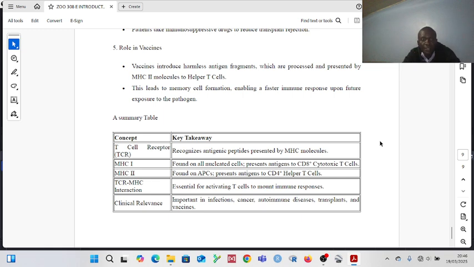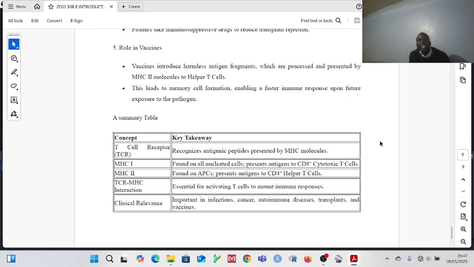So in summary, T cell receptors recognize antigenic peptides that are presented by MHC molecules. Then MHC molecules happen in two types, MHC class 1 and MHC class 2.